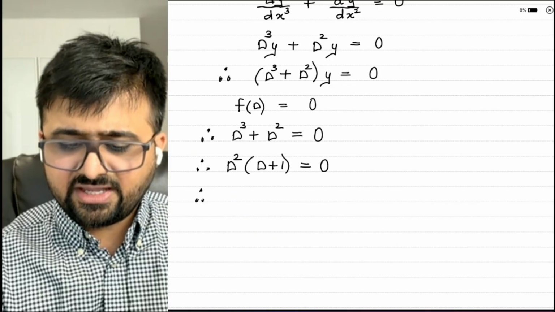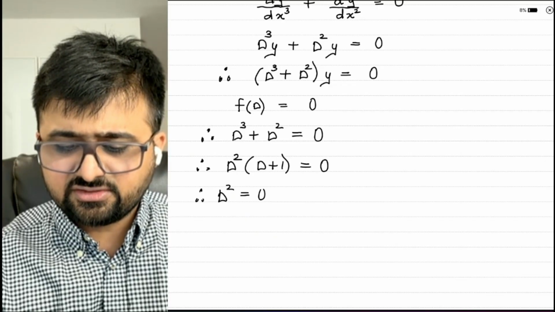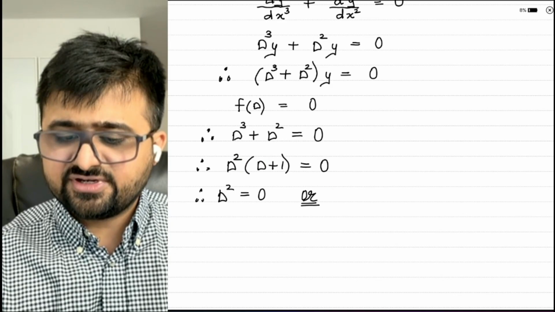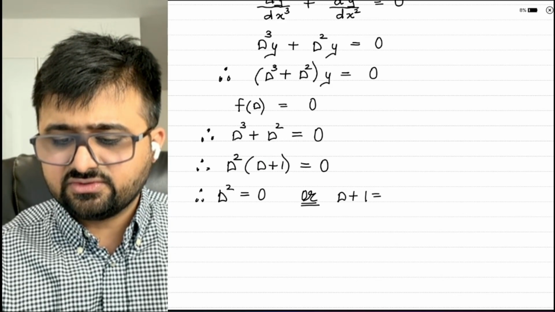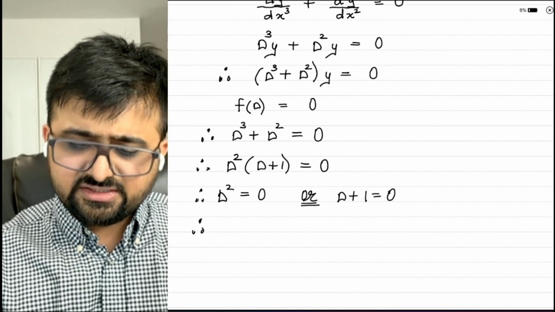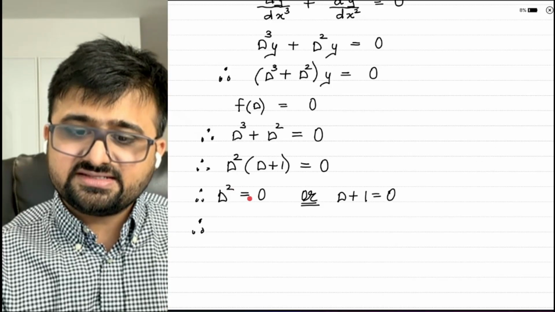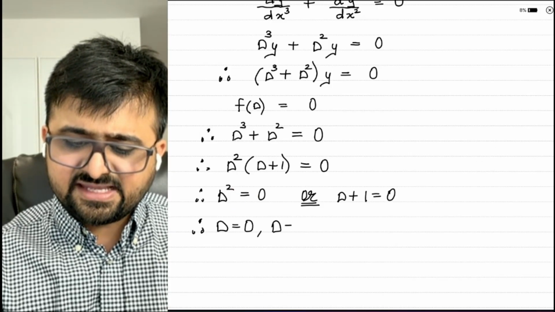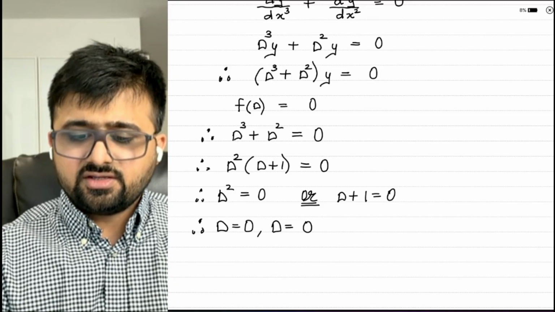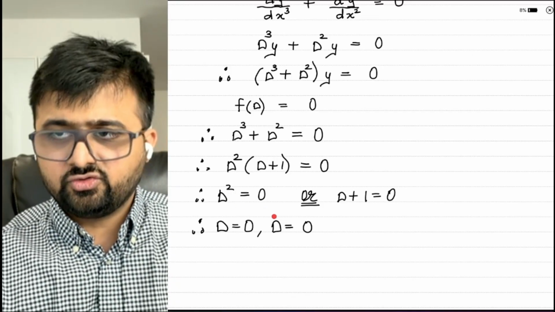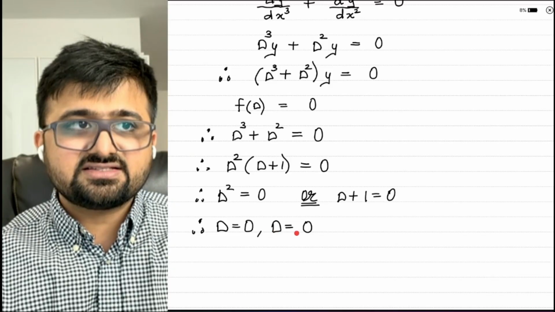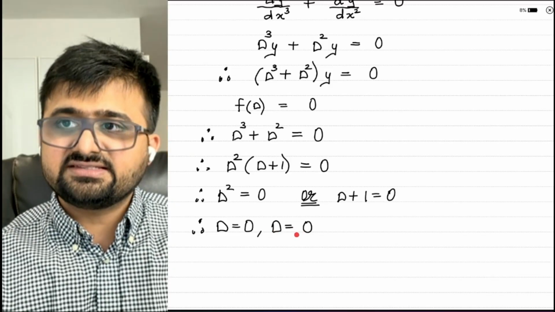So either D squared is equal to 0, or D plus 1 is equal to 0. Remember, since D squared is equal to 0, I get two values of D from here, which are 0 and 0. Because it is squared, I get two values. Both are 0. Remember, this is D and this is 0. I hope you are not confusing between D and 0.